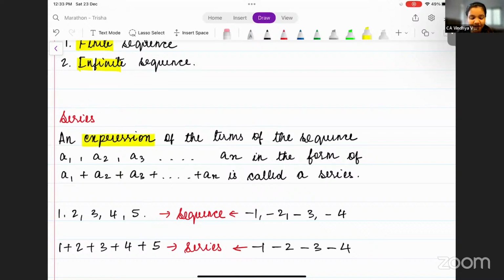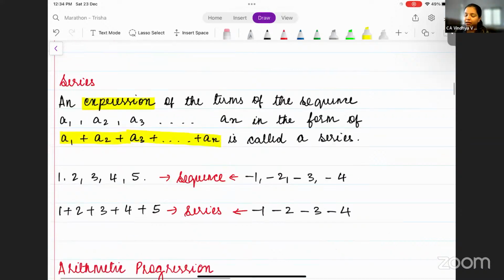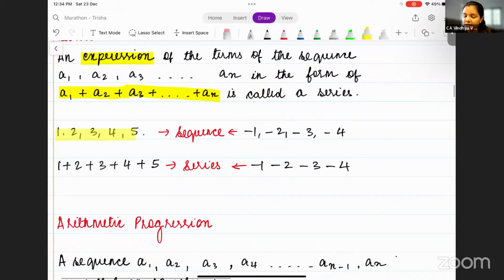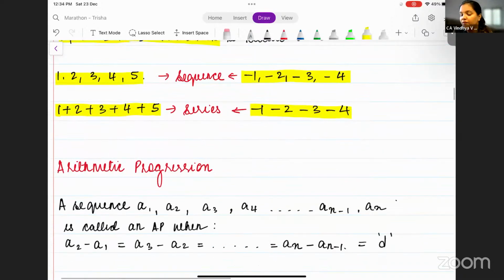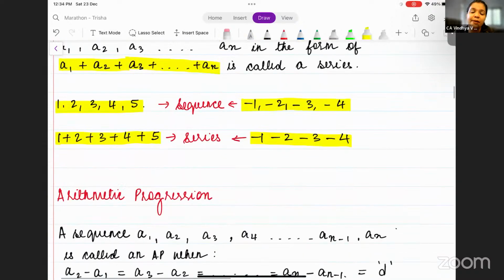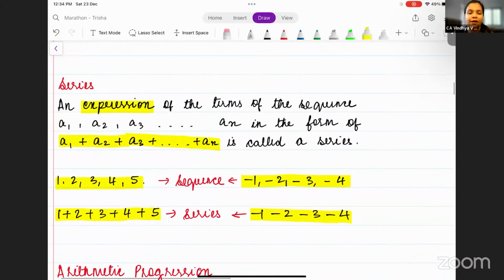If the sequence is given as A1, A2, A3, A4, and so on, then the series can be written as A1 plus A2 plus A3 plus till An. So if 1, 2, 3, 4 is the sequence, the series for this will be 1 plus 2 plus 3 plus 4. Similarly, if minus 1, minus 2, minus 3 is the sequence, then the same without the commas is the series.